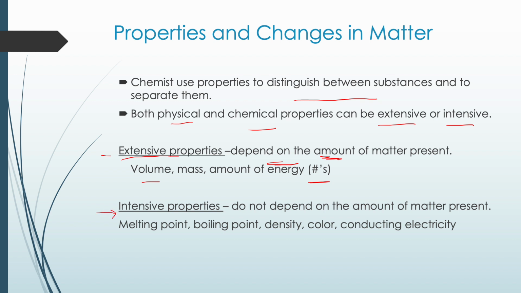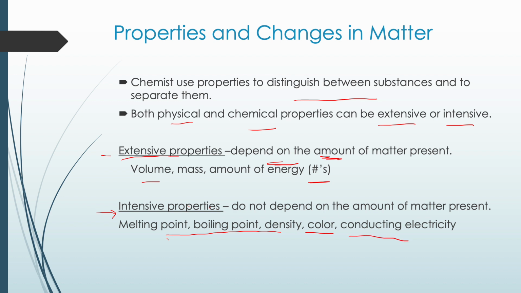Intensive properties are not going to depend on the amount. It doesn't matter if you have a bunch or a little. Melting point, boiling point, density, the color of something, and if it's conducting electricity or not.